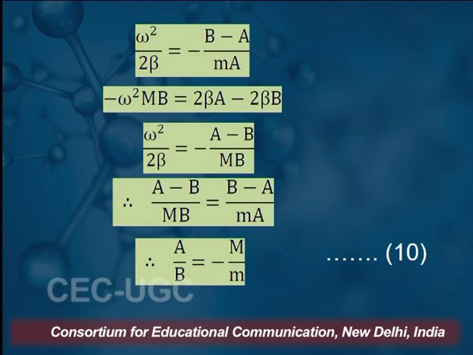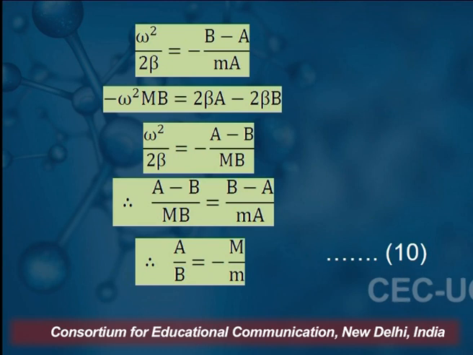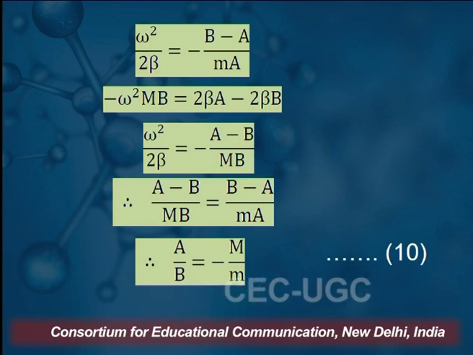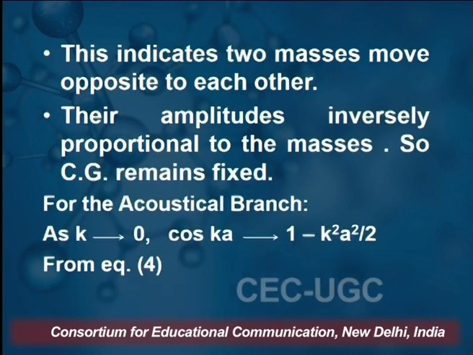upon small m into A, or A by B should be equal to minus of capital M by small m. The A by B ratio should be equal to minus of capital M by small m.